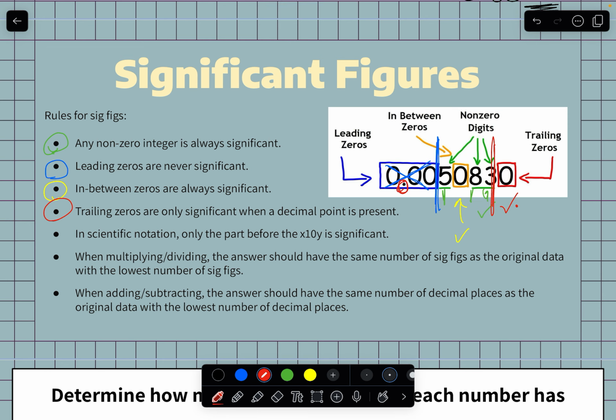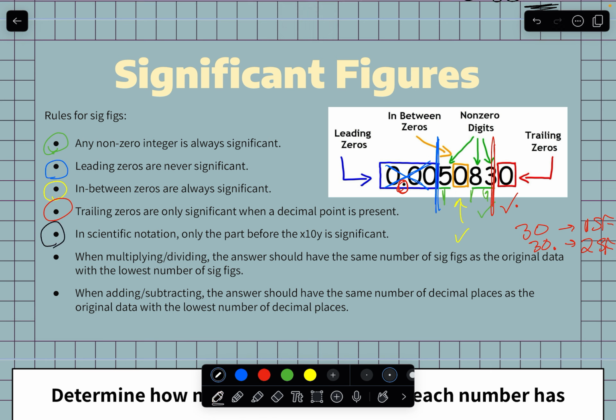If we have a number like 30 without a decimal point, that is not significant. We only have one sig fig. If we have 30 point, now we have the decimal point, it is significant. We have two significant figures. It doesn't matter where the decimal is, as long as there is a decimal in the number, the trailing zeros, the zeros after the last non-zero number, are significant.